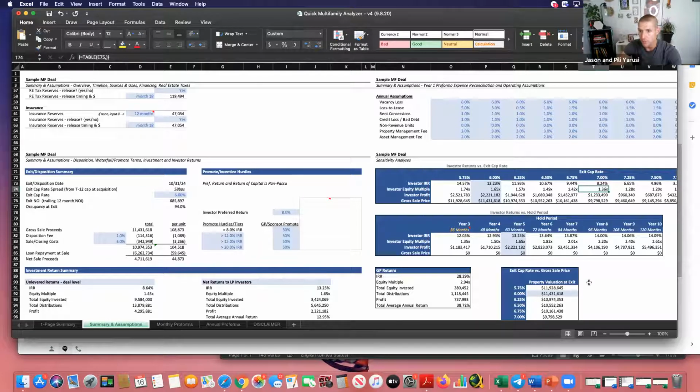So if I'm off even more, this is going to change. Let me think what happens here. So this now changes across the board, right? They actually just went down dramatically here if I change this exit cap. So 6, oh yeah, here it does.